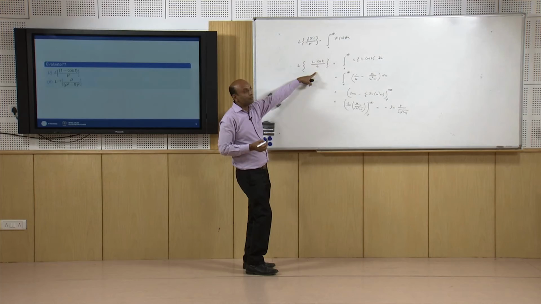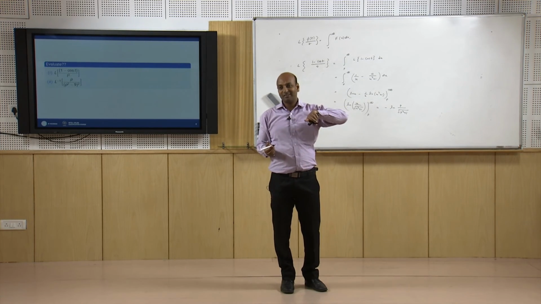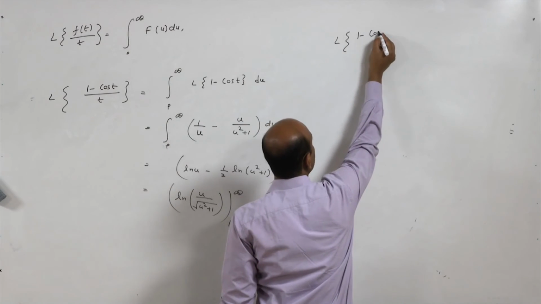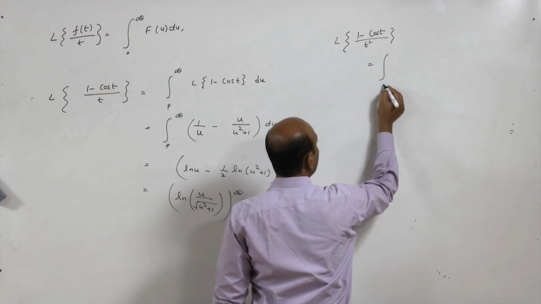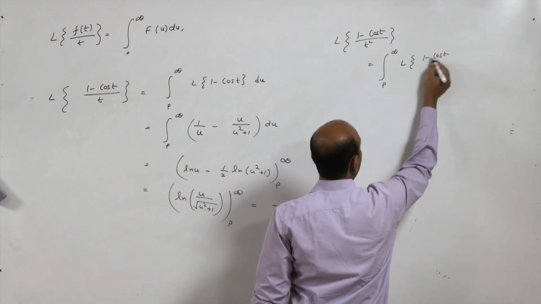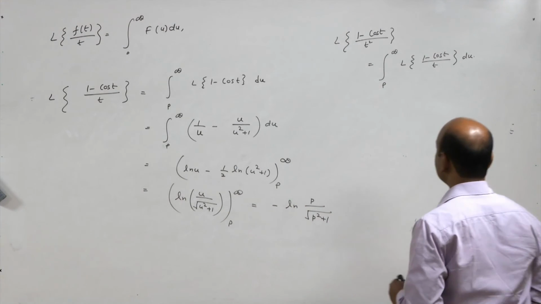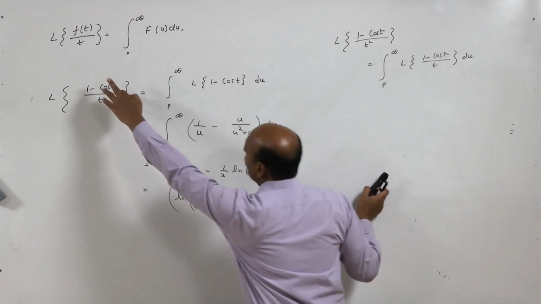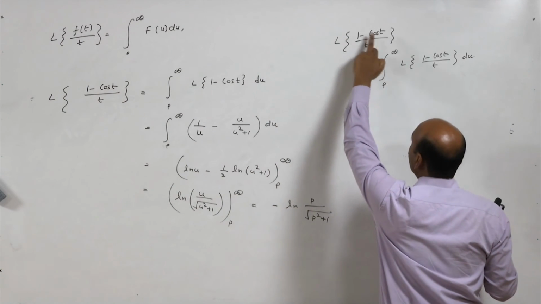For the Laplace transform of 1 minus cos t upon t square, we again have to apply the same property. Okay. So, what is the Laplace transform of 1 minus cos t upon t square? It is nothing but the integral from p to infinity of the Laplace transform of 1 minus cos t upon t du. Okay, because this property holds for f t by t. If you compare with this, what is f t? It is 1 minus cos t by t.